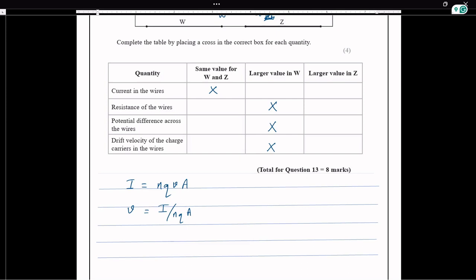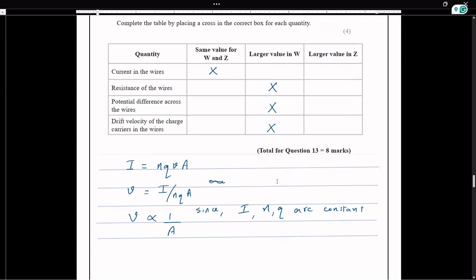Okay, so current remains the same. So here we can say v is inversely proportional to the area, since the same current I is flowing, and n, q are constants, they are all the same. So we can say that v depends only on area. v means the drift velocity.